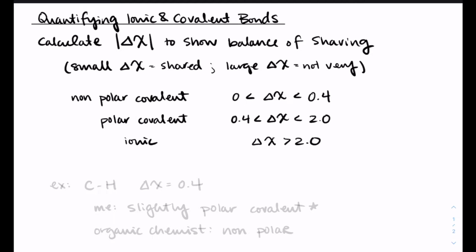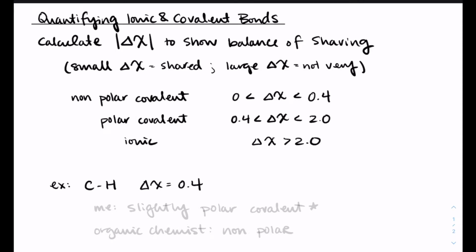Now, the next range from 0.4 to about 2, we would call that a polar covalent bond. And so, if you think for polar, non-polar, think about it like polarized, poles of a magnet. Polar covalent means they are shared, but the electrons are definitely pulled more in one direction than they are in the other. And then above a difference of about 2, we would call this an ionic bond.